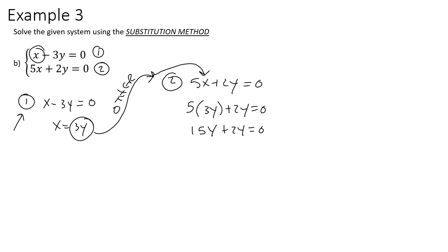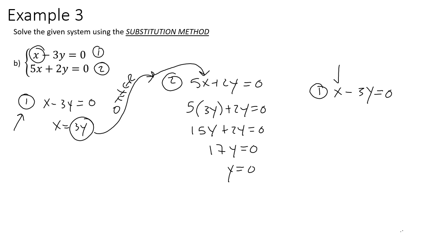So that's a 2y. It looks like a 24, but that's 2y. So then I have 17y equals 0. Dividing both sides by 17, I get y equals 0. So that's my first variable. To get the last variable, x, I can choose either equation 1 or 2. It doesn't matter. To me, equation 1 looks more friendly.